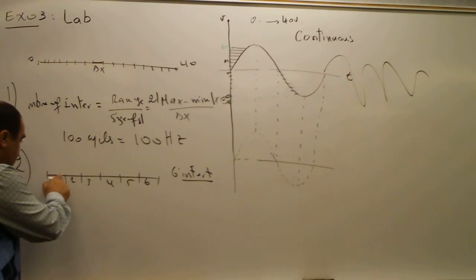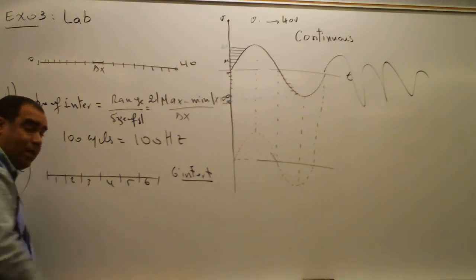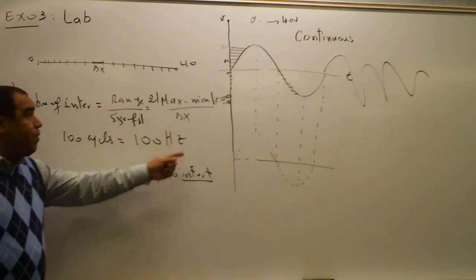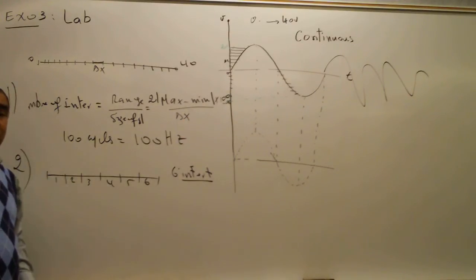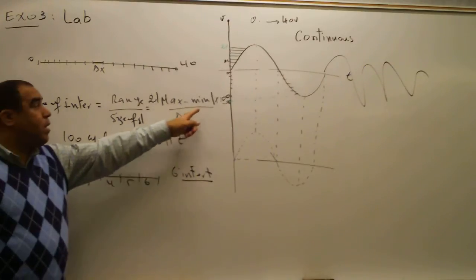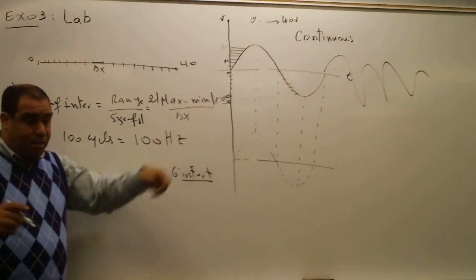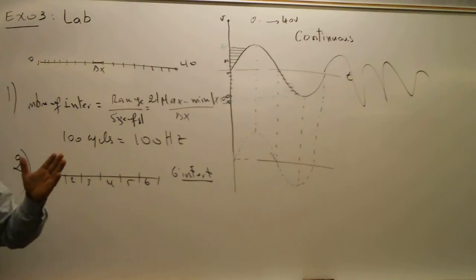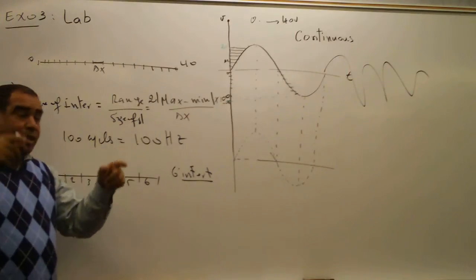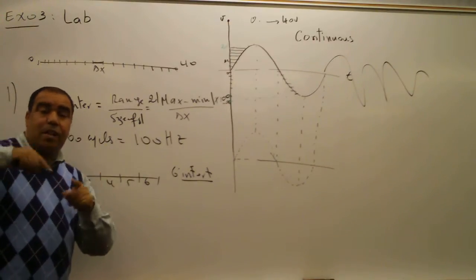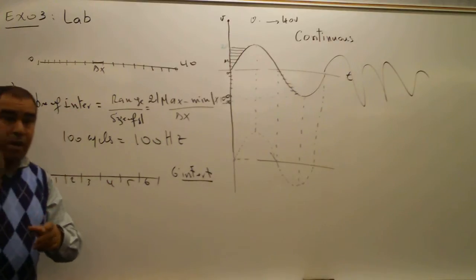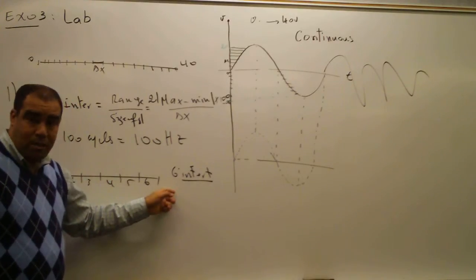Well, I count 1, 2, 3, 4, 5, 6, 7. So whatever you have here is the number of intervals. How is it connected to the number of data? For example, you have the number of samples, number of intervals, in your case, 50,000. The number of data is 50,001. That means you subtract 1.